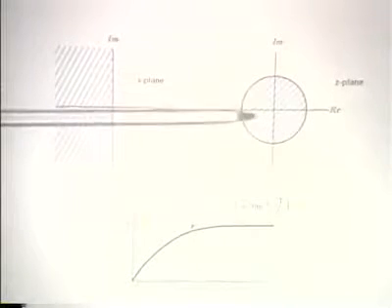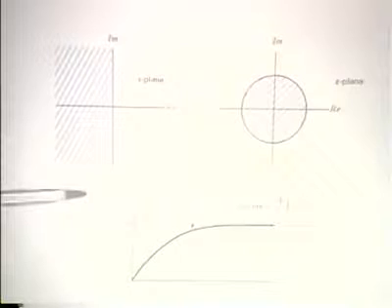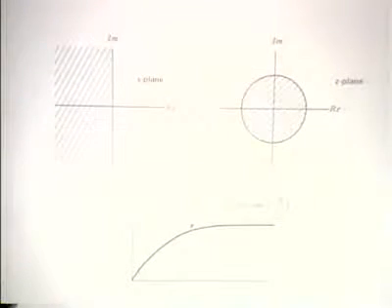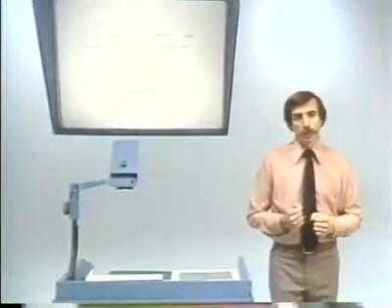And you can also convince yourself that the left half of the s-plane maps to the inside of the unit circle, and so that means that stable continuous time filters will always map to stable discrete time filters, which is exactly what we desire.